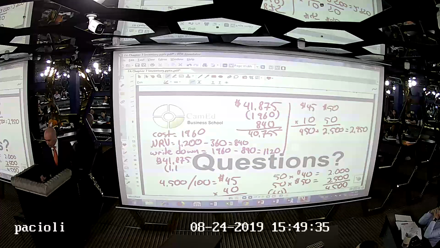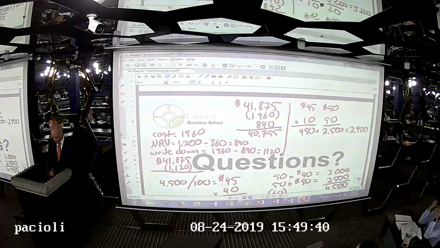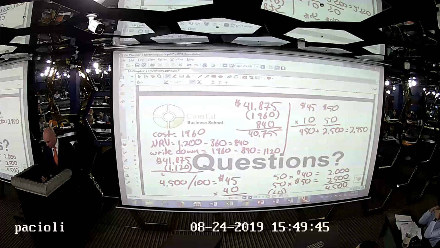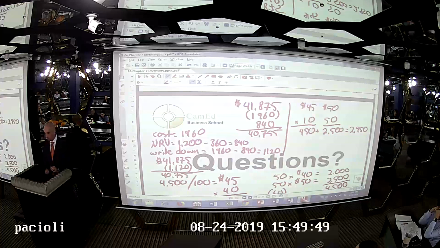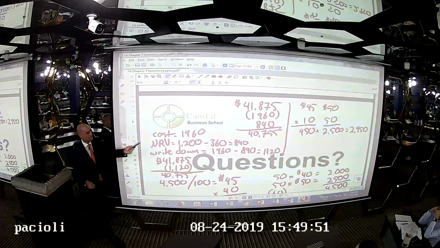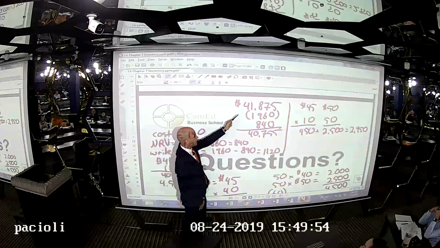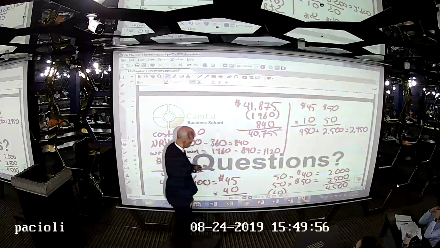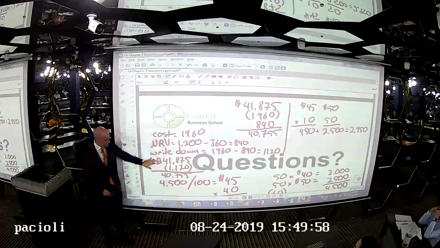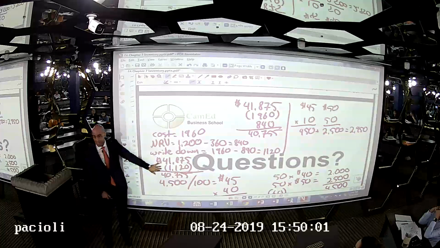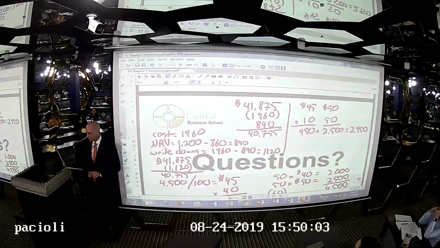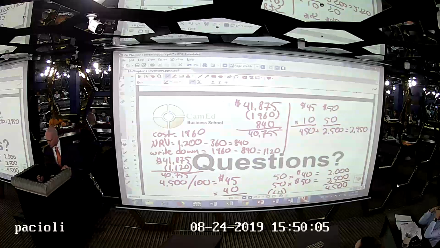So we just subtract the write-down. And that also gives us the same answer. So we can minus the wrongly priced inventory, then add back the correct price. Or we can take the total inventory and then minus the write-down expense.